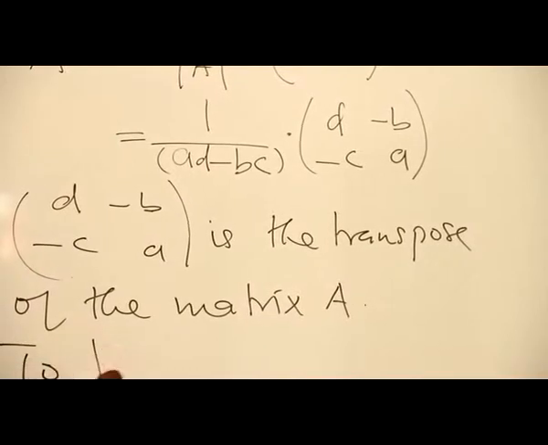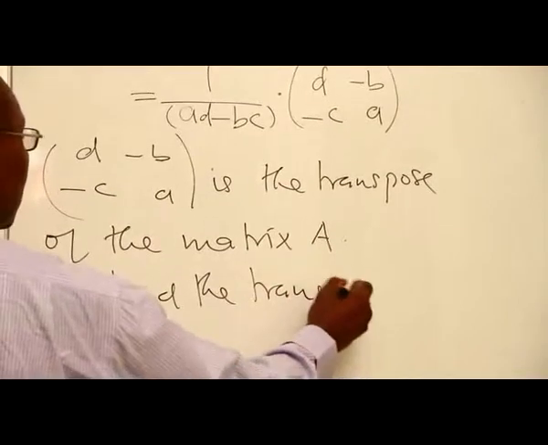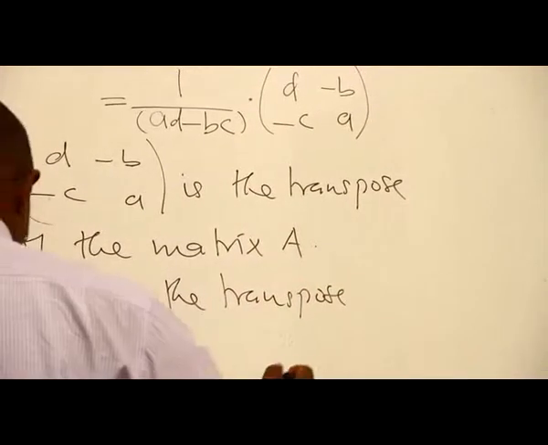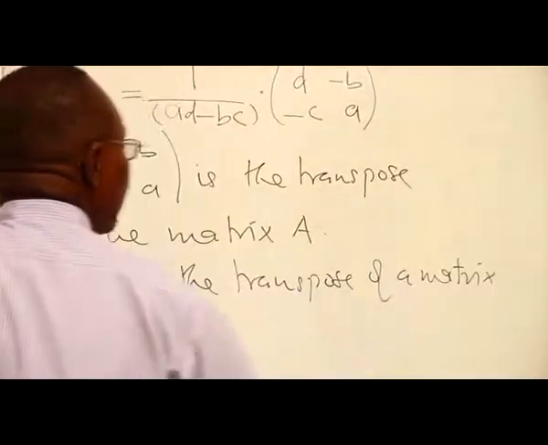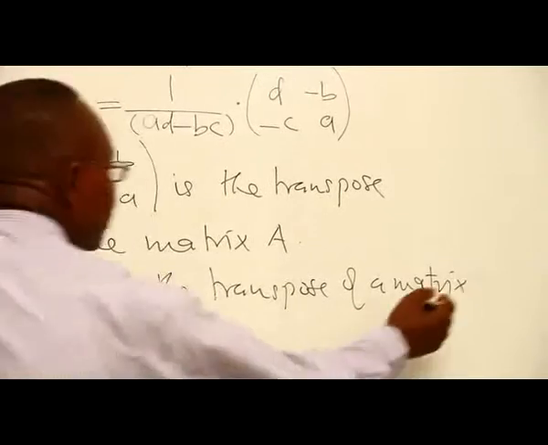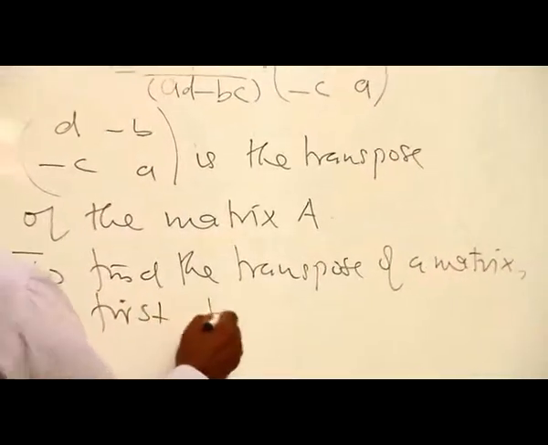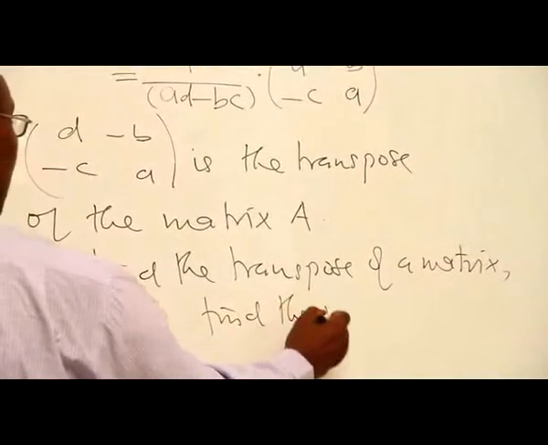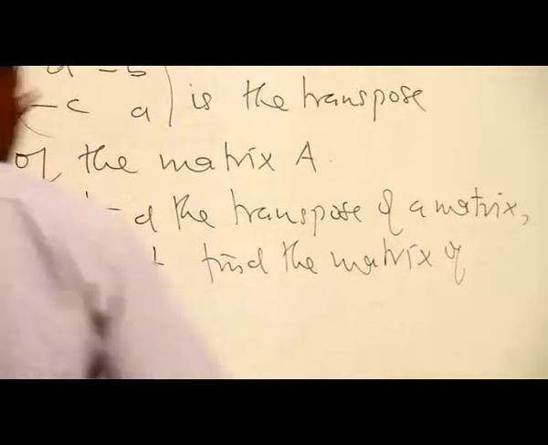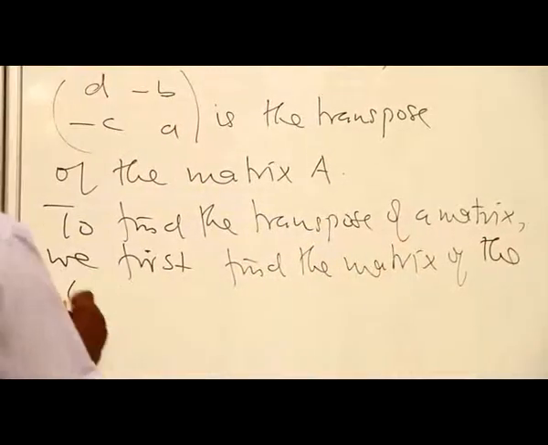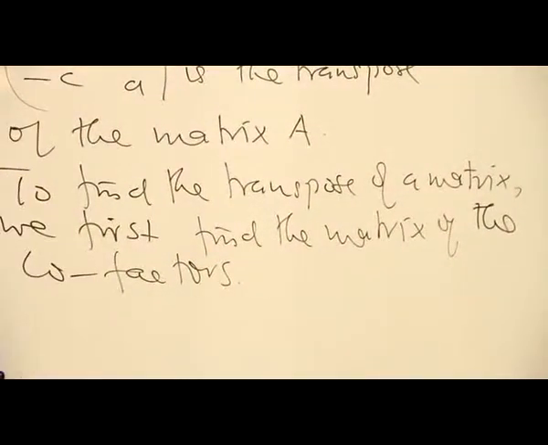Now, to find the transpose of the matrix, we first find the matrix of the cofactors. First find the matrix of the cofactors.